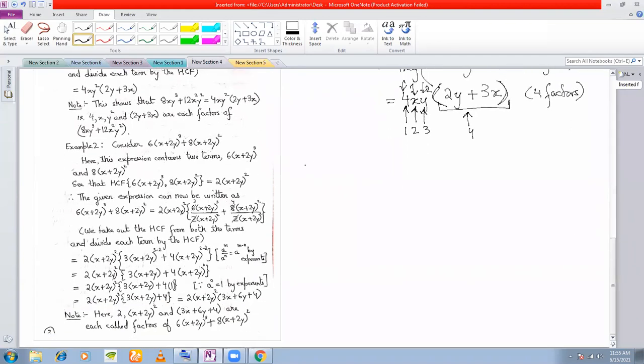Consider our next example. Say you have 6 times x plus 2y whole cube plus 8 times x plus 2y whole square. Okay, we want to factorize this.